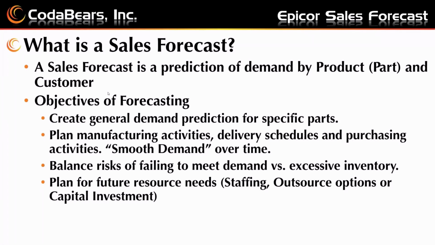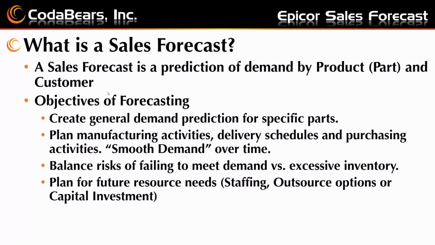Why do we do forecasting? What's the objective? Well, we're going to create some predictions for specific parts of what demand may be. Typically, this is going to be based on historical data, seasonality and such, and also on feedback from your customers potentially as well. This allows you to plan your manufacturing activities and purchasing, deliveries, etc., to smooth the demand, if you will, over time.